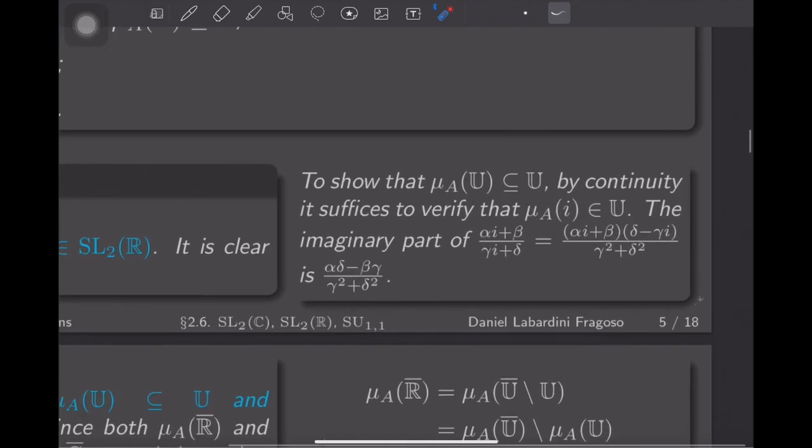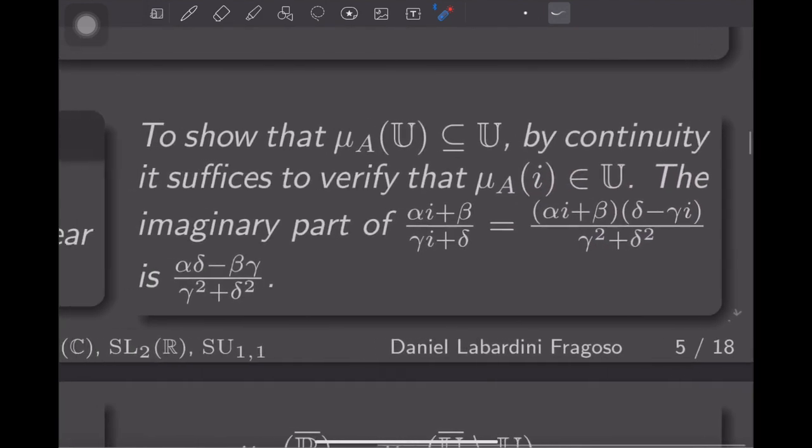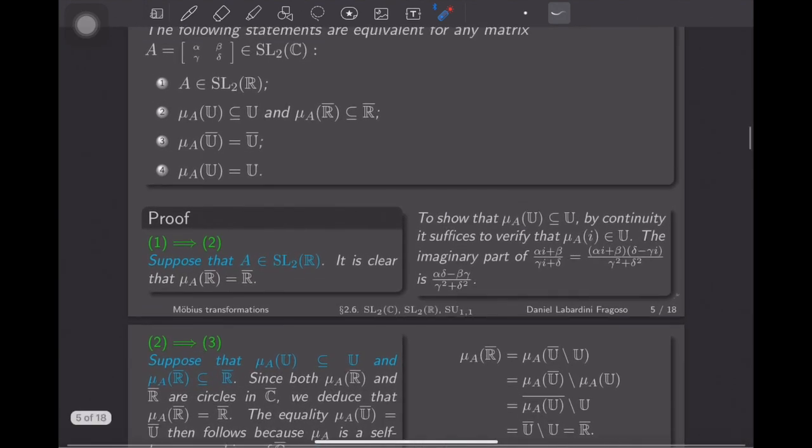I'm assuming that the entries are real, and then I can perform this product, because the imaginary part has to be alpha delta minus gamma beta, divided by this. But alpha delta minus beta gamma is the determinant of A, which is 1. So this is 1 divided by gamma squared plus delta squared. It's positive. So this is indeed the case. So by continuity, this is indeed the case.